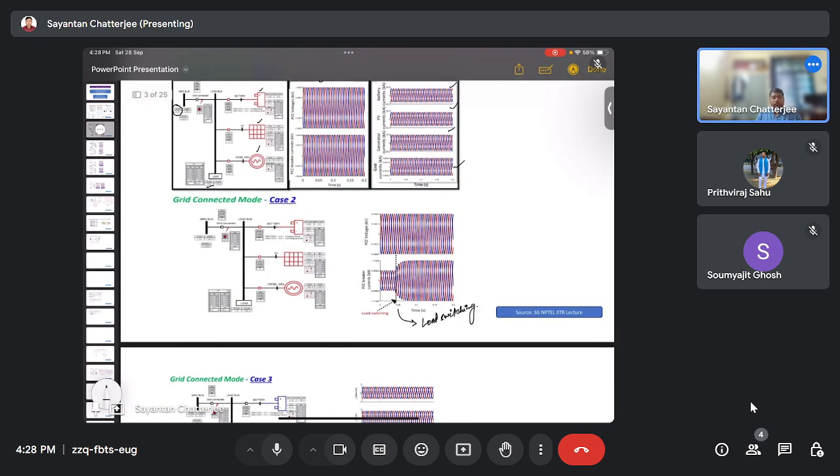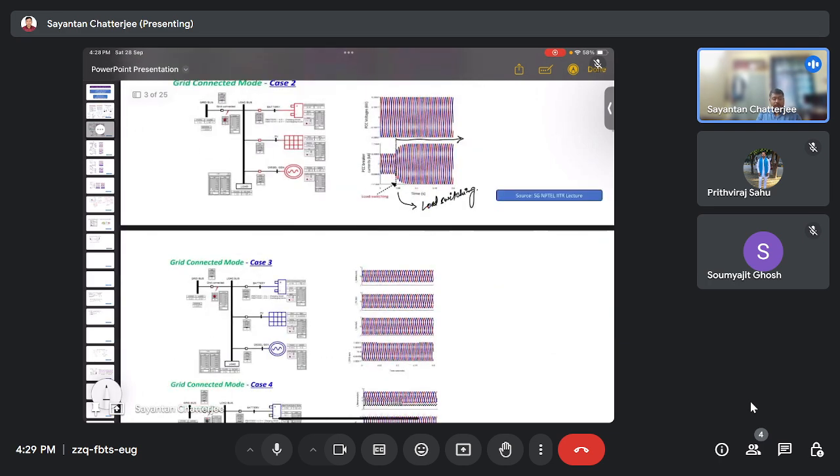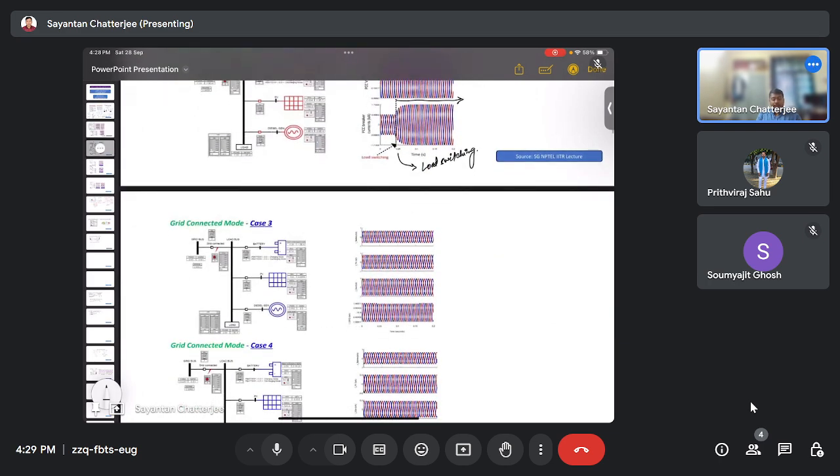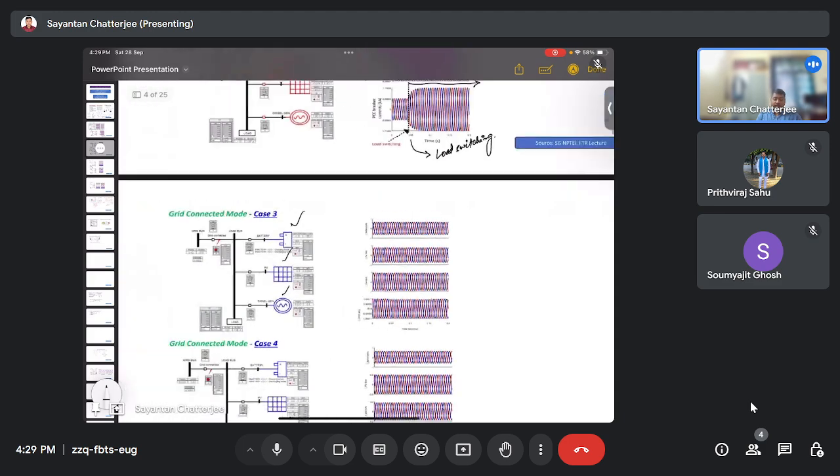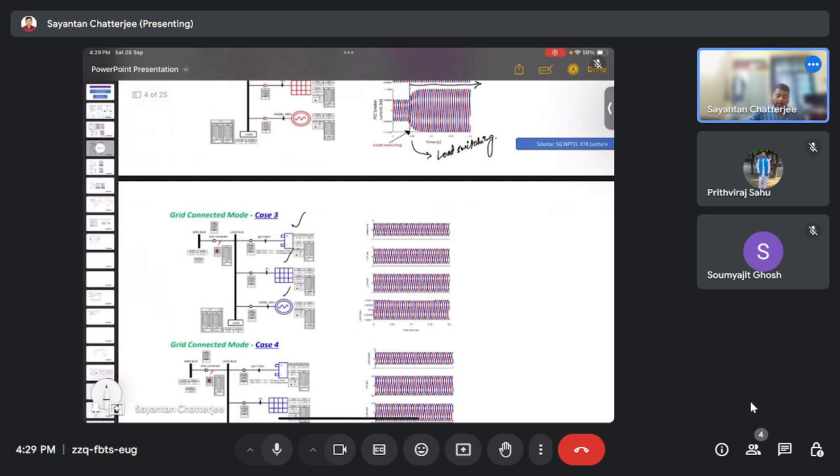So here we can abruptly see change in the system. Again, this is for the same point of common coupling currents. Again, for case 3, we have the grid connected mode of operation where all are switched on, and accordingly we have the powers for the system and the current flowing into the system.